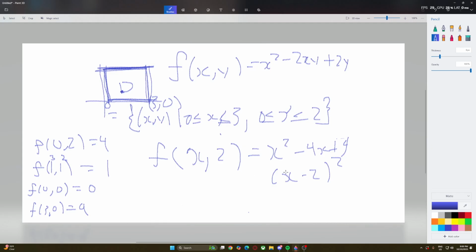We don't really need to do anything. We already know that the minimum this function can be is at x equals 2, and the maximum would be 0.